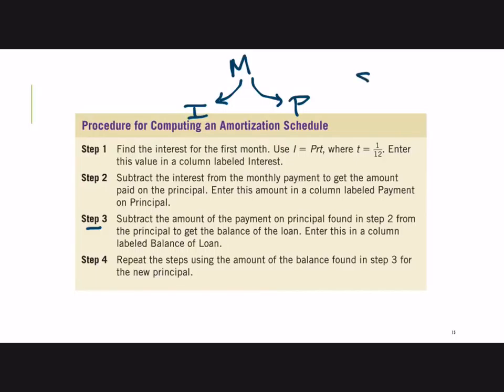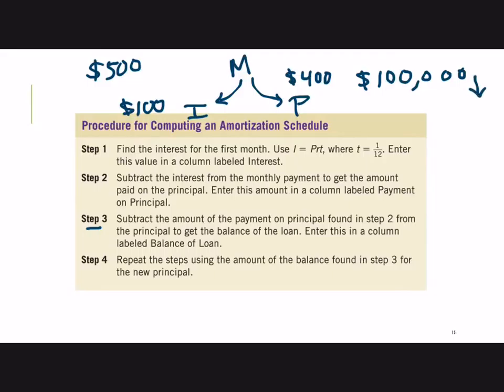In other words, if somebody started out with a $100,000 mortgage, and let's say that they made monthly payments of $500, and the first month $100 of that went to interest, then only $400 would be going towards principal.